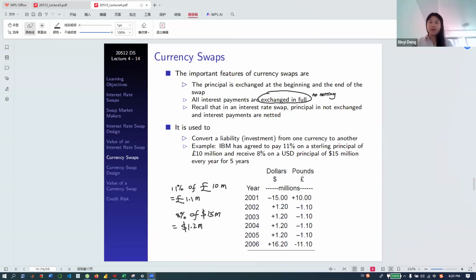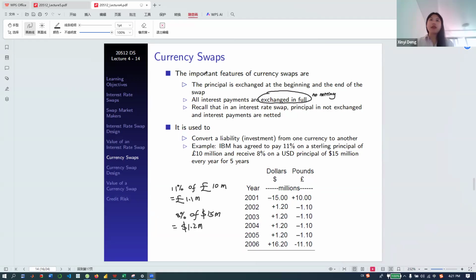Now we are exchanging the interest payments on different currencies. So the important features are as follows here. Those are actually different from the interest rate swap.